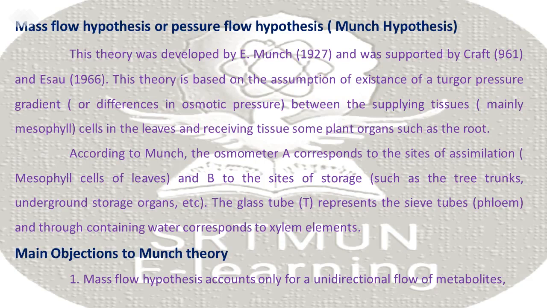Now, according to Munch, osmometer A corresponds to the seats of assimilation, the mesophyll cells of leaves, and B to the seats of storage, such as the tree trunk and underground storage organs.